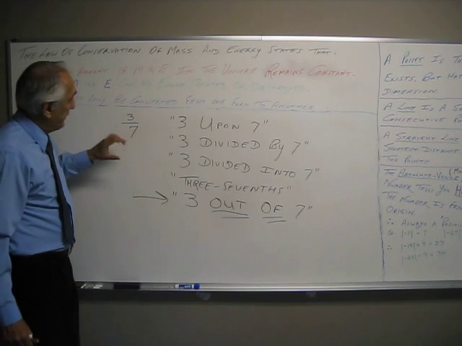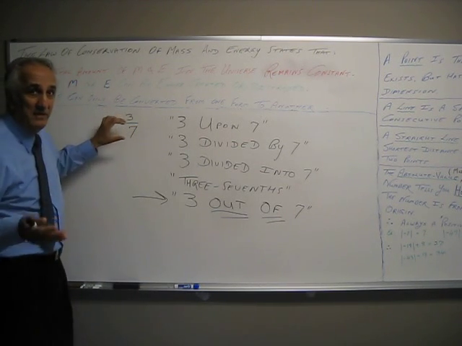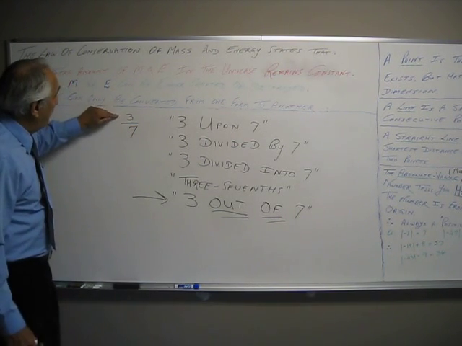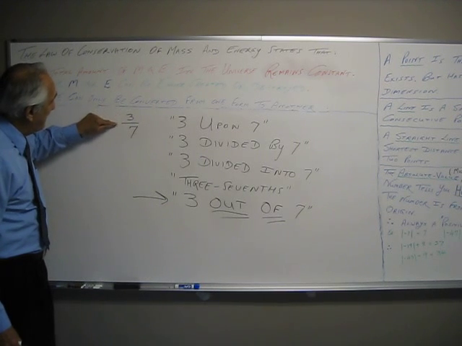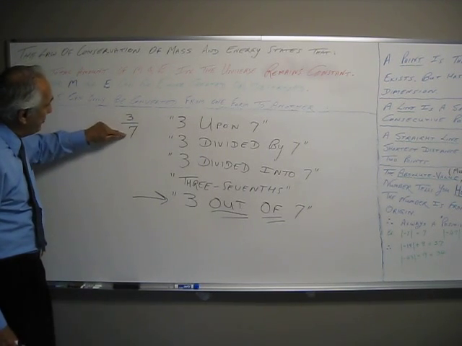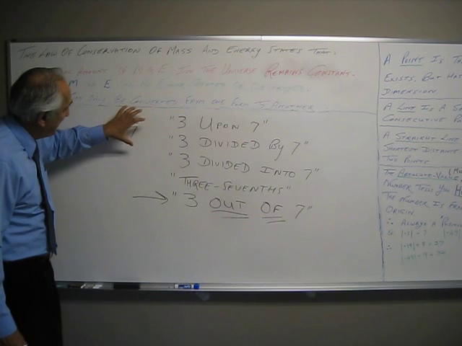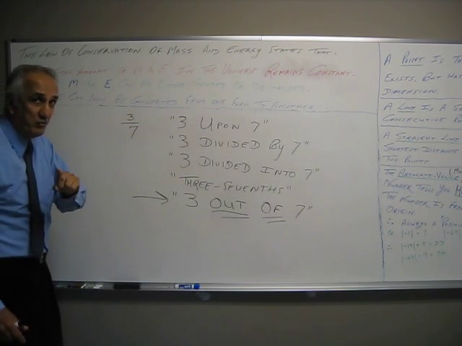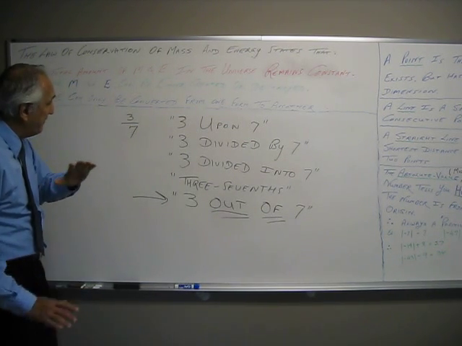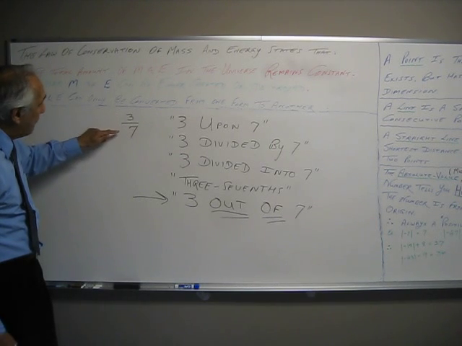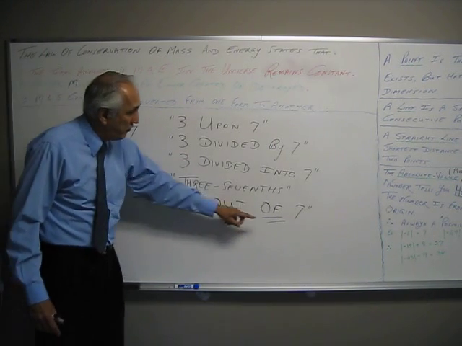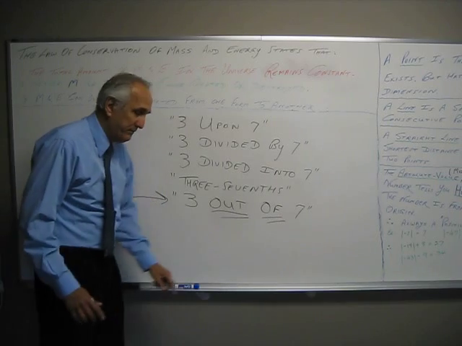Let's recap. A number of this type can be verbalized in many ways. 3 upon 7, 3 divided by 7, 3 divided into 7, or 3/7, or the best way by far is 3 out of 7. Remember this format, 3 out of 7.